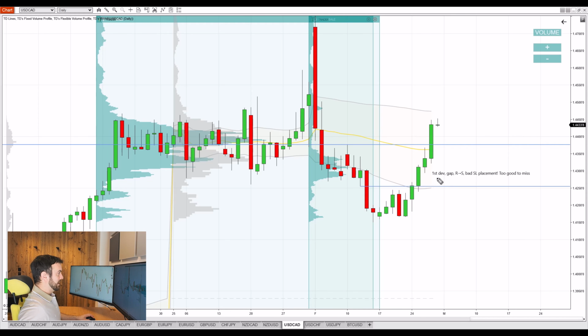As you can see, I had it written here on the chart that the trade had bad stop loss placement, and I wrote that before I even entered the trade. But I also wrote that the level was too good to miss. I liked it so much because of the combo of the three trading setups, and this is how it played out. A good trade anyways, I would say.